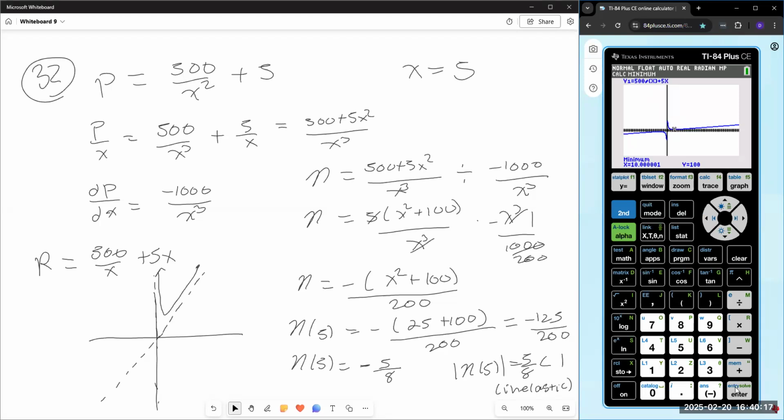And it looks like it's at 10, 100. So our demand is inelastic from 0 to 10, and then elastic from 10 to infinity.